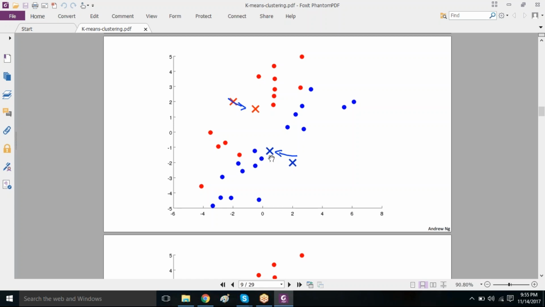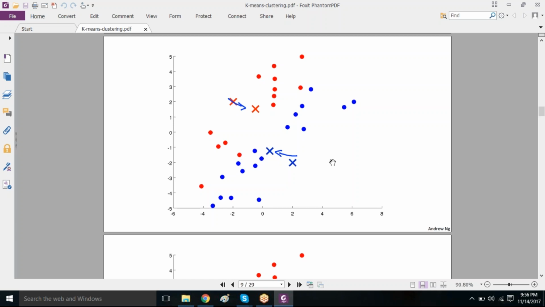Now reassign the data points again. Again check which one is the nearest. For each data point, just check which is the nearest centroid to me. Now if you do that, can you see the difference?